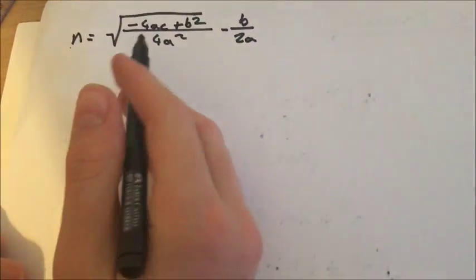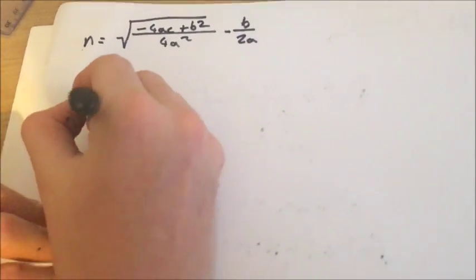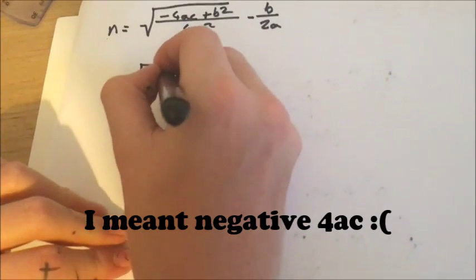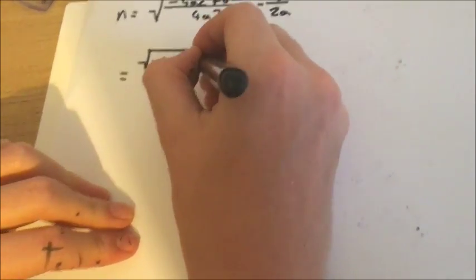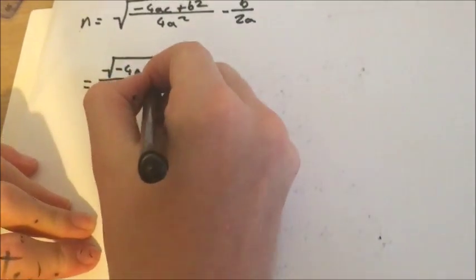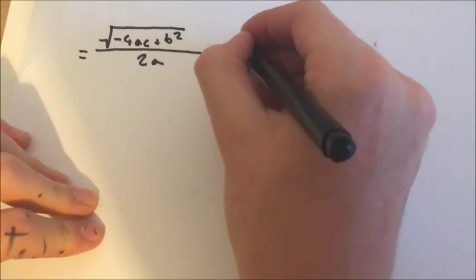And due to the way square roots work, that's also equal to the root of 4ac plus b squared all over the square root of 4a squared, which is 2a, and then we subtract b over 2a.